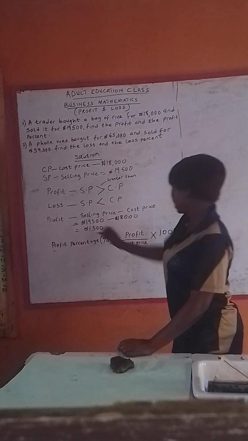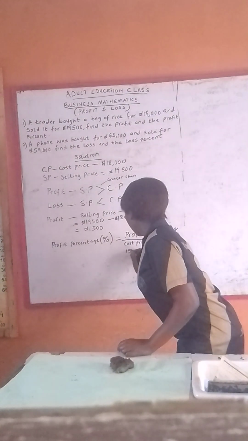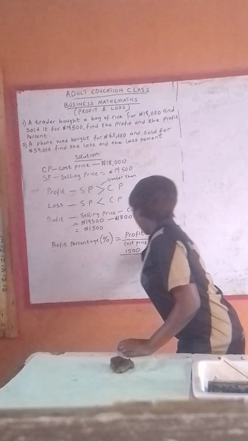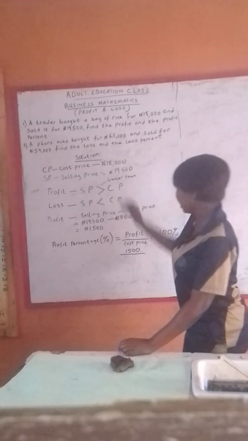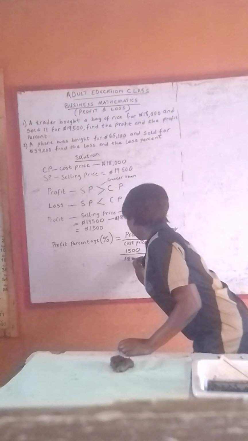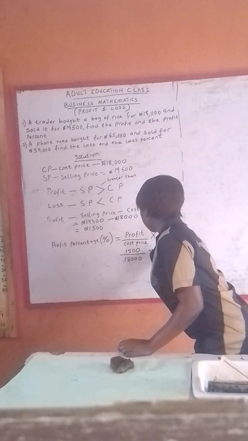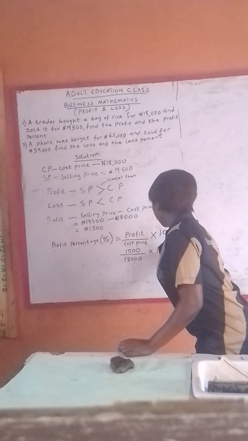So what is the profit? The profit is 1,500. And what is your cost price? Cost price is 18,000 naira multiplied by 100.